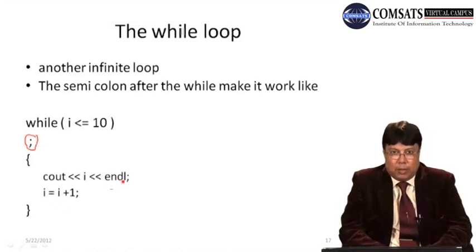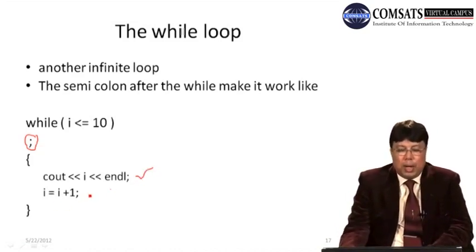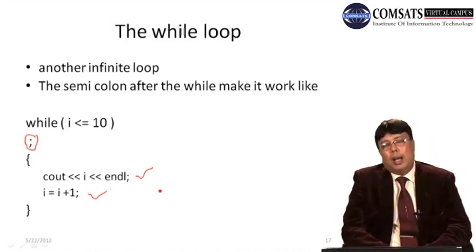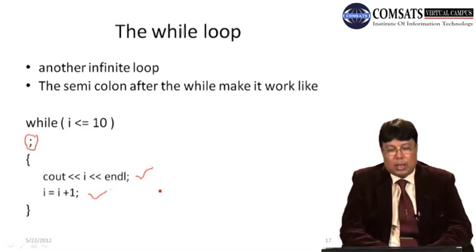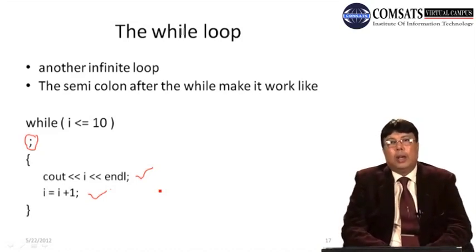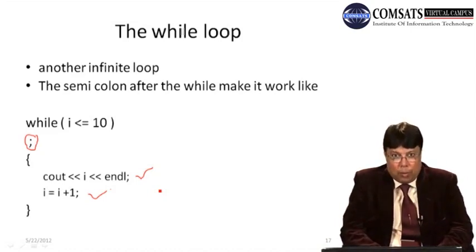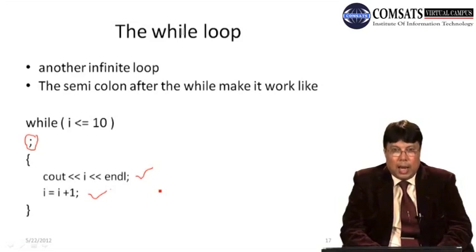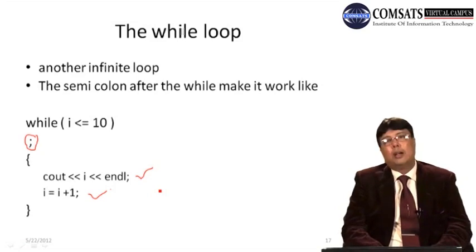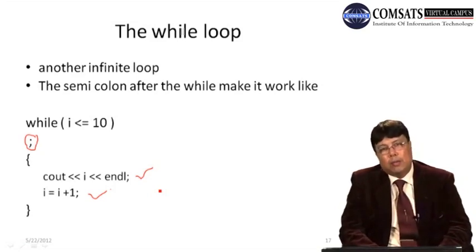It will not be updating the value of I, so it will not be printing anything, and hence it will again be an indefinite loop. So please be careful using this semicolon, because a semicolon unnecessarily placed at the end of the for statement or at the end of the while loop construct means you have a null body for that for loop or while loop.